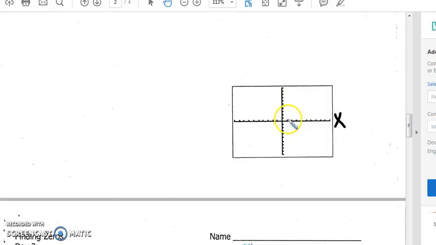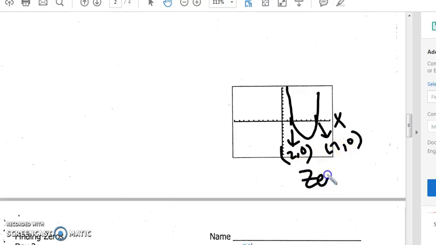So put the dot on 2 here, and then on the 7. So 1, 2, 3, 4, 5, 6, 7. Put it here, and then the graph just continues, connect, like go through. That's your x-intercept. So that means you have 2, 0, and you have 7, 0. These are called zeros of a function, or roots, or x-intercept.